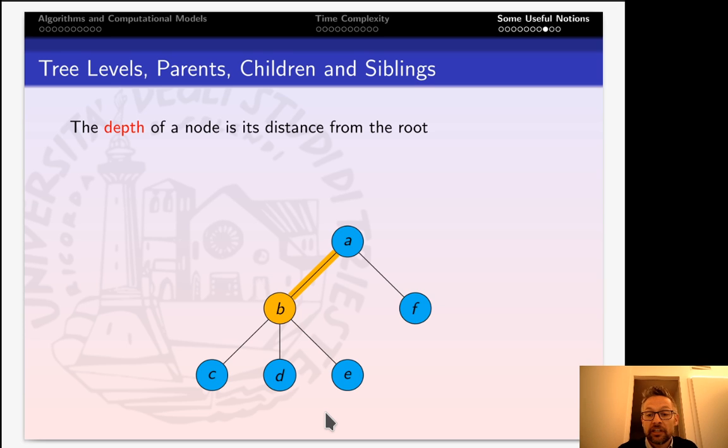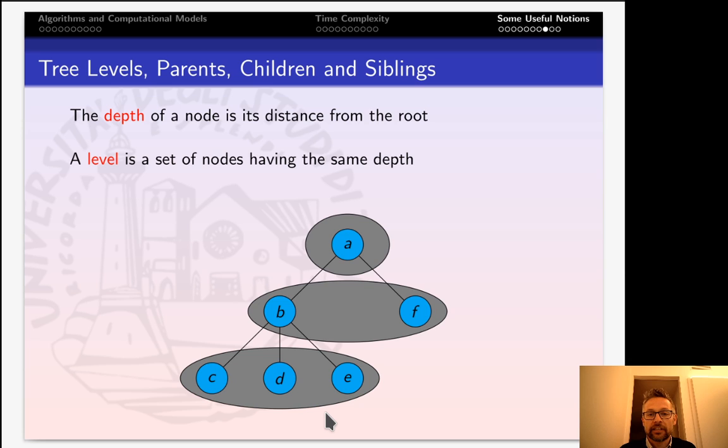What about E? Well, E is at distance 2, because the shortest path from E to A has length 2. So the depth of E is 2. Okay? Quite clear.